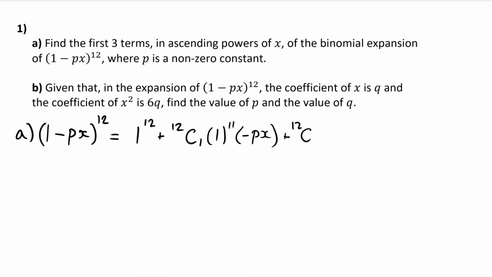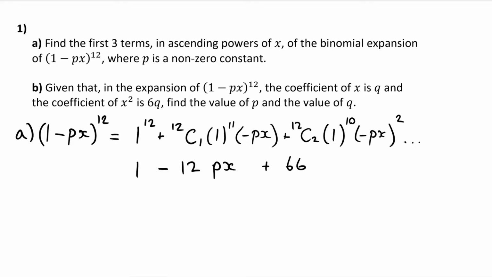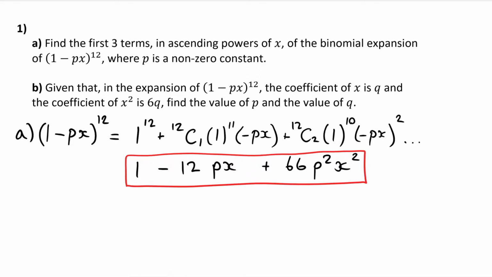For the third term, we have 12C2 multiplied by 1 to the 10 multiplied by (minus px) squared. We can go on, but remember we were asked to find the first three terms only. To simplify, we've got 1 minus 12px plus 66p squared x squared. And that's our first part of the question.